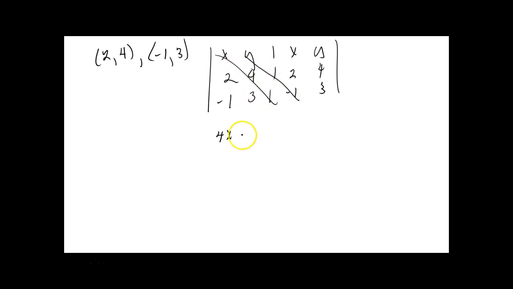Down diagonal gives you negative 1 y, or negative y. Okay? And plus 6.